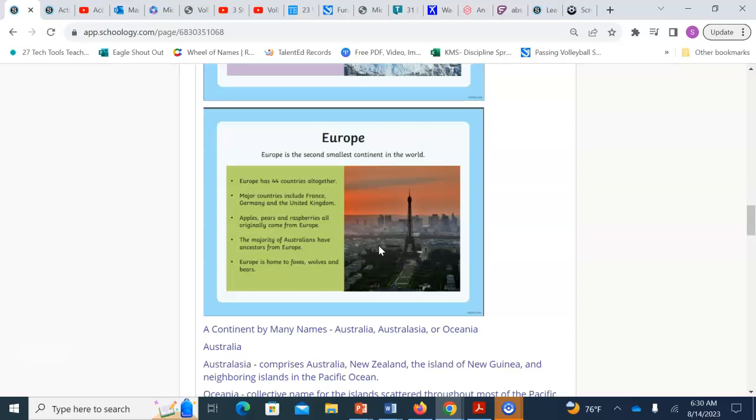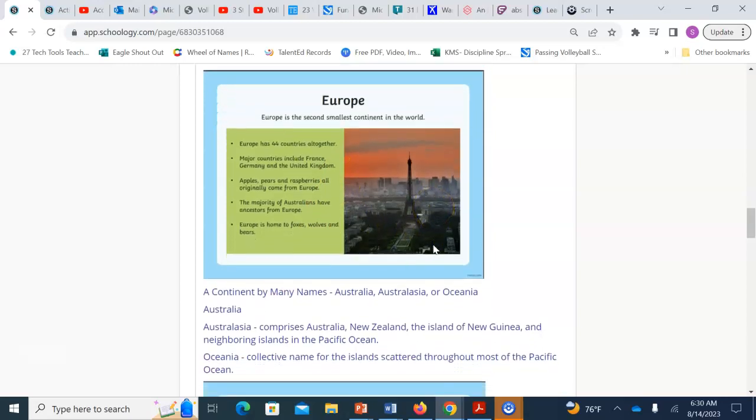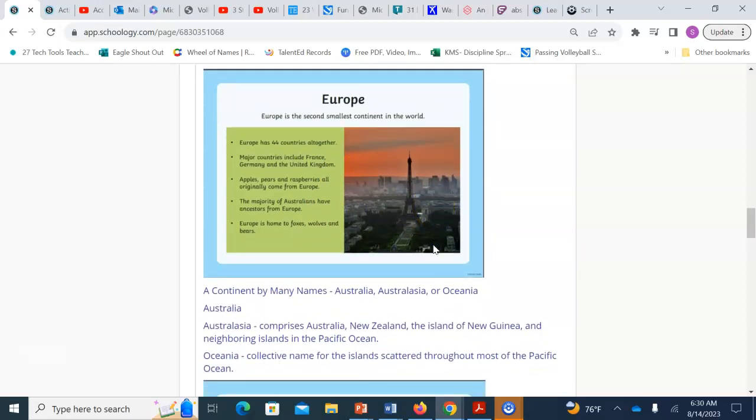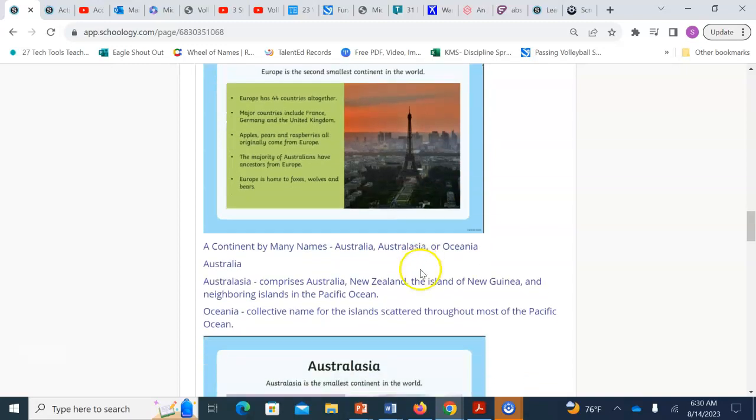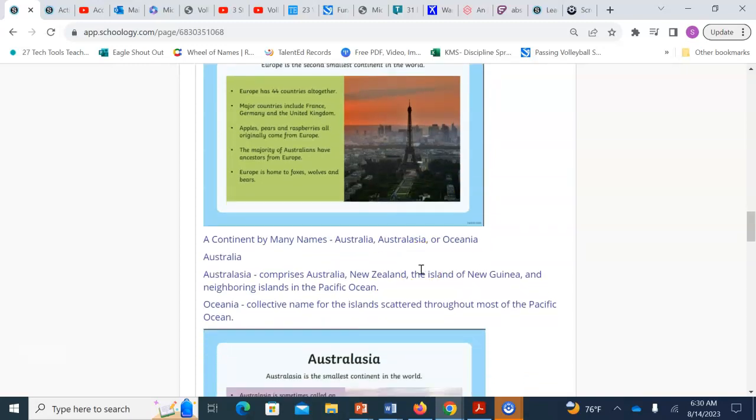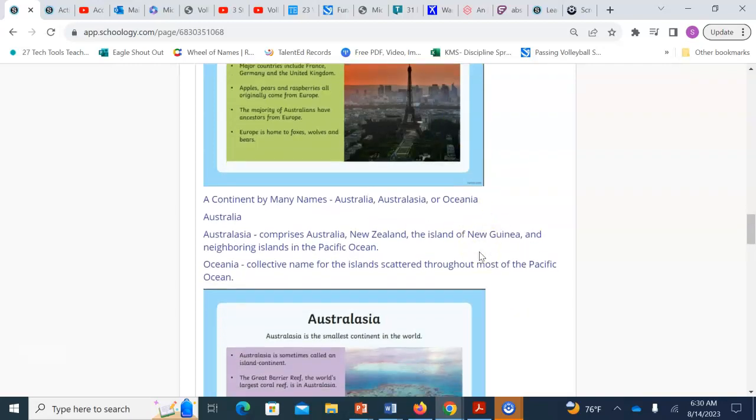And most of the people who live in Australia originally came from Europe. And Europe is home to things like the fox, the wolf, the bear. So they have a lot of forests there and beautiful open lands for farming.